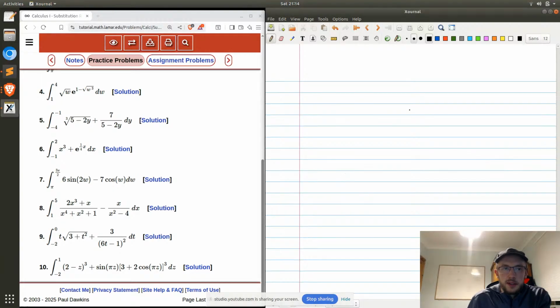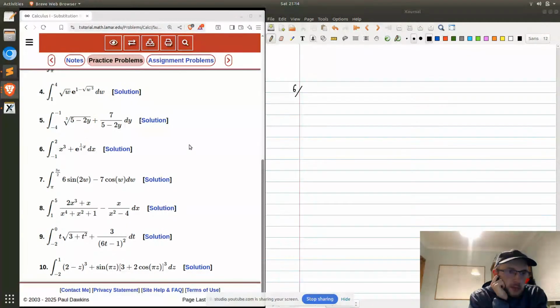And now the 6th one. So this is x cubed, which is something that we can definitely do. But in fact, we can actually do both of these, right?